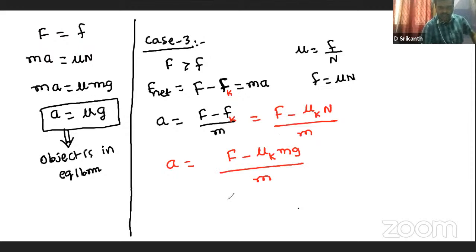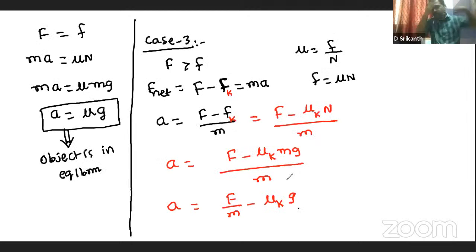So acceleration is equal to F by m minus mu k g. Completed. Is it clear?